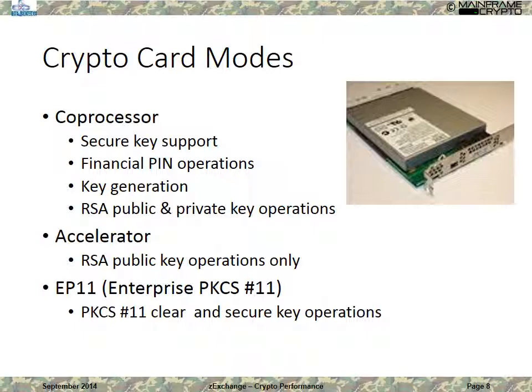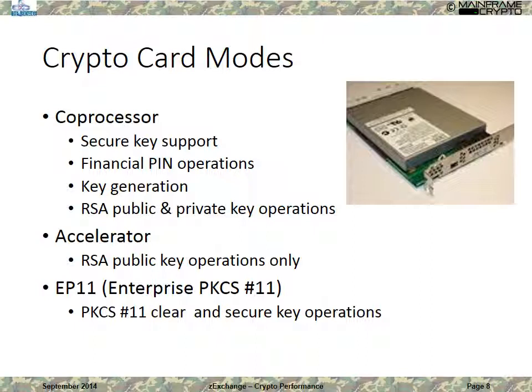It will only do PKCS 11 operations. It can't do RSA operations using coprocessor mode or as an accelerator. It will not do the CCA secure key encryption. Now, PKCS 11 still supports secure key encryption, but it's strictly in the PKCS 11 mode.